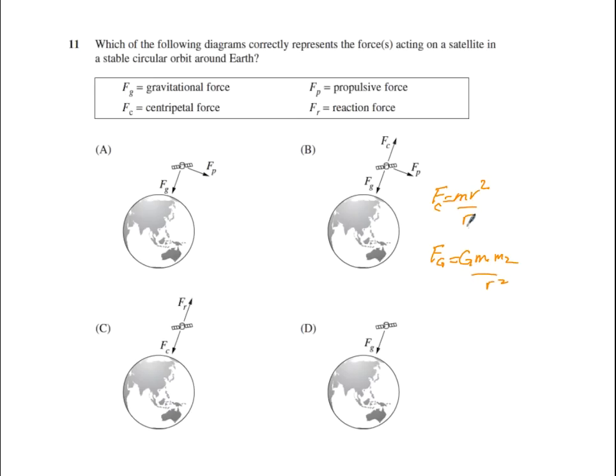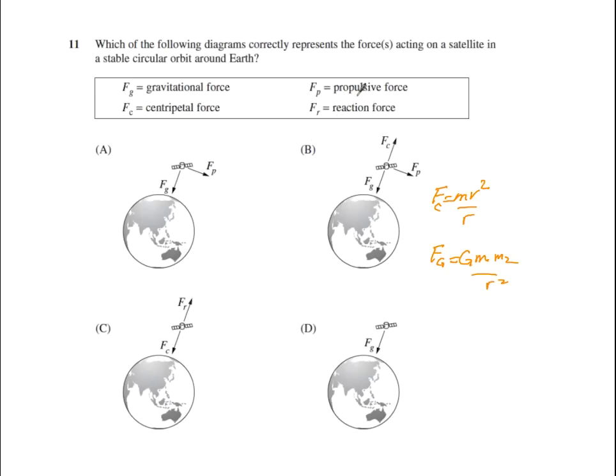The centripetal force is being supplied by the gravitational force, and therefore an object will go in circular motion as long as it has a certain velocity. So based on that, we need to have a look at what's going on over here.